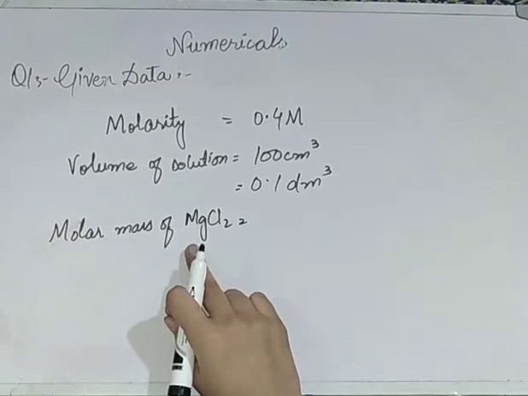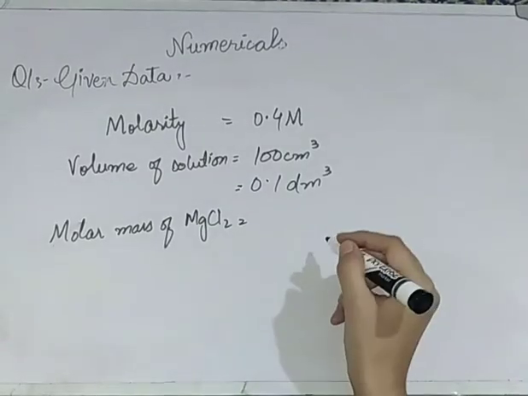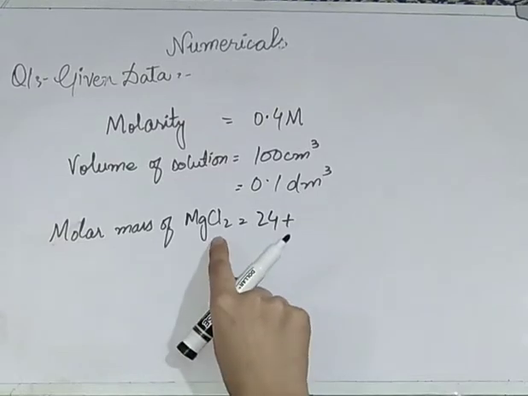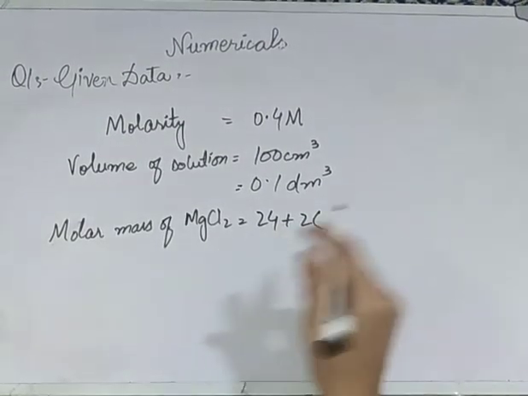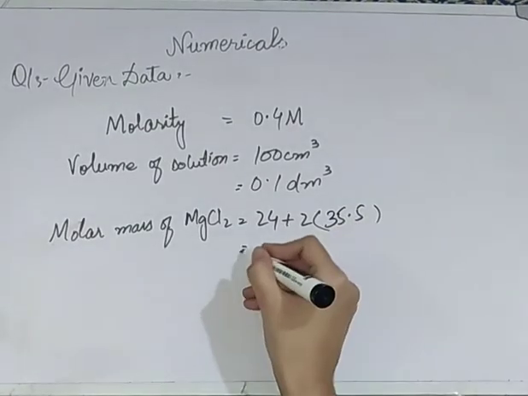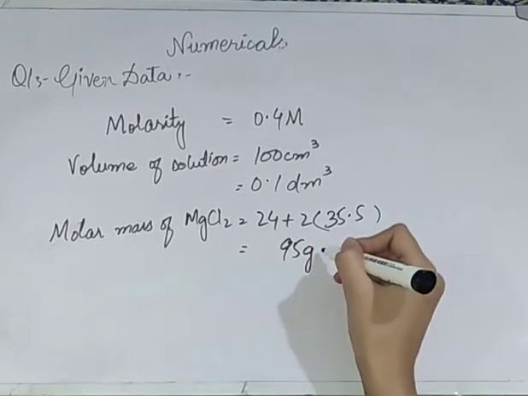We have one magnesium atom and the atomic mass of magnesium is 24, plus we have two chlorine atoms and the atomic mass of chlorine is 35.5. Altogether it will be 95 gram per mole.